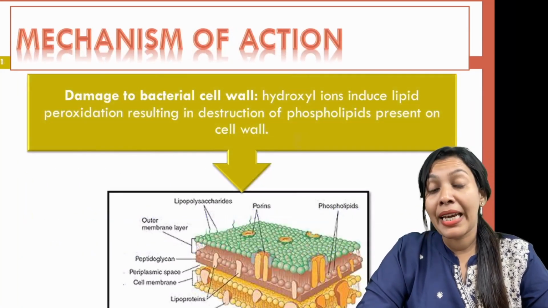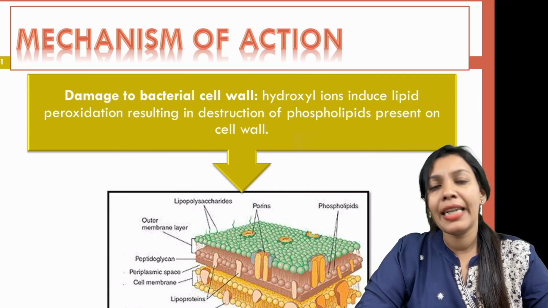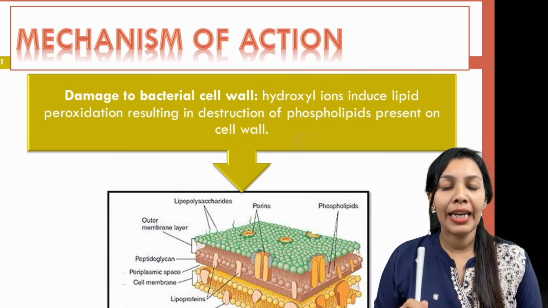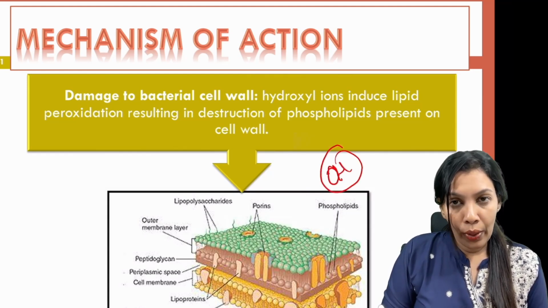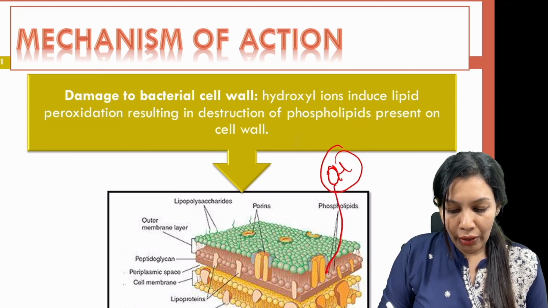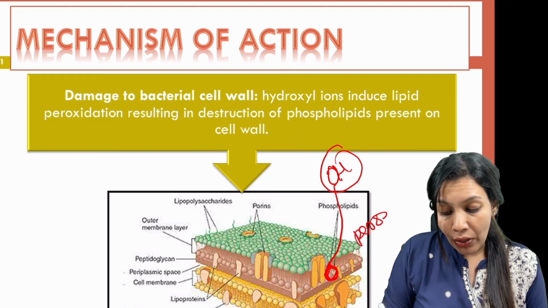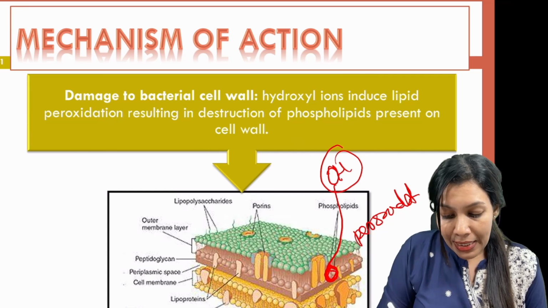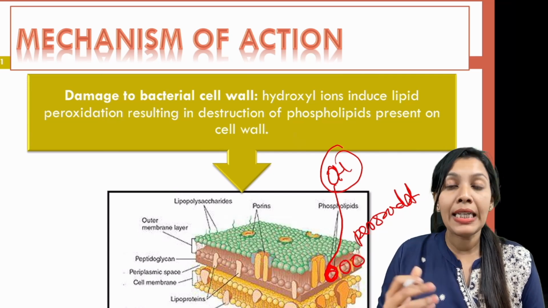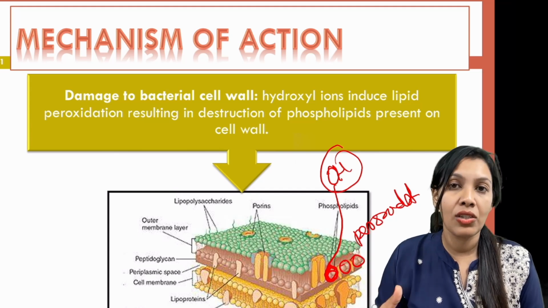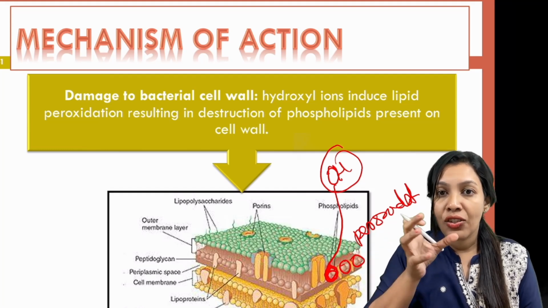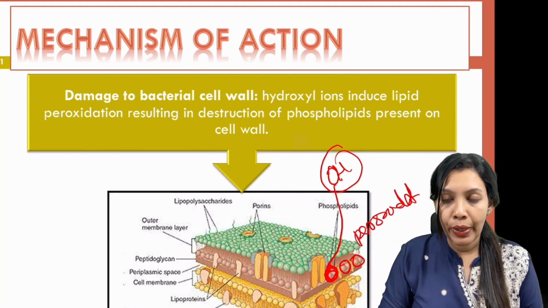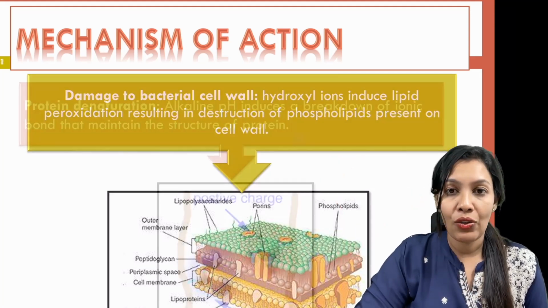Next is the mechanism of action. As I said, it has three important mechanisms. First, it has an OH group. They get attached to the phospholipids and induce a peroxidation reaction, and there is destruction of these phospholipids. In turn, the cell membrane is disrupted. So OH group, peroxidation reaction, destruction of the phospholipids on the cell membrane, and the cell wall is disrupted.